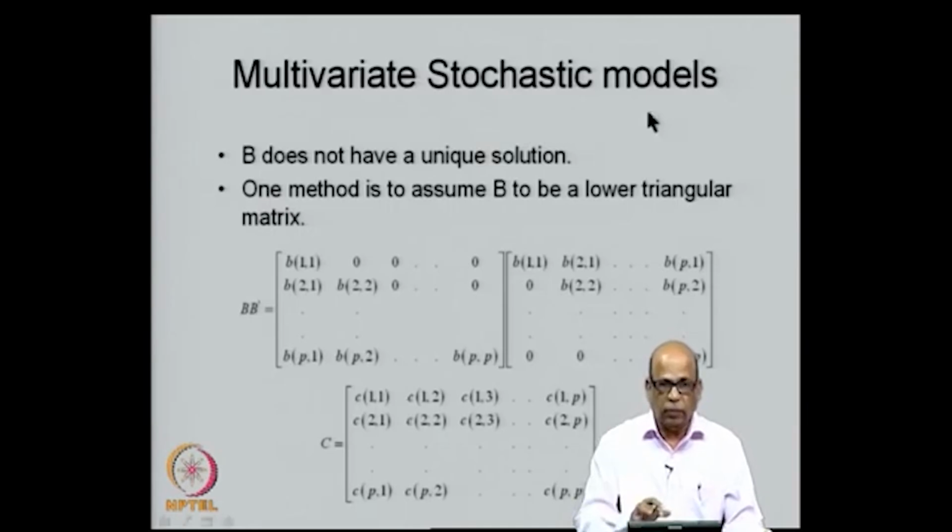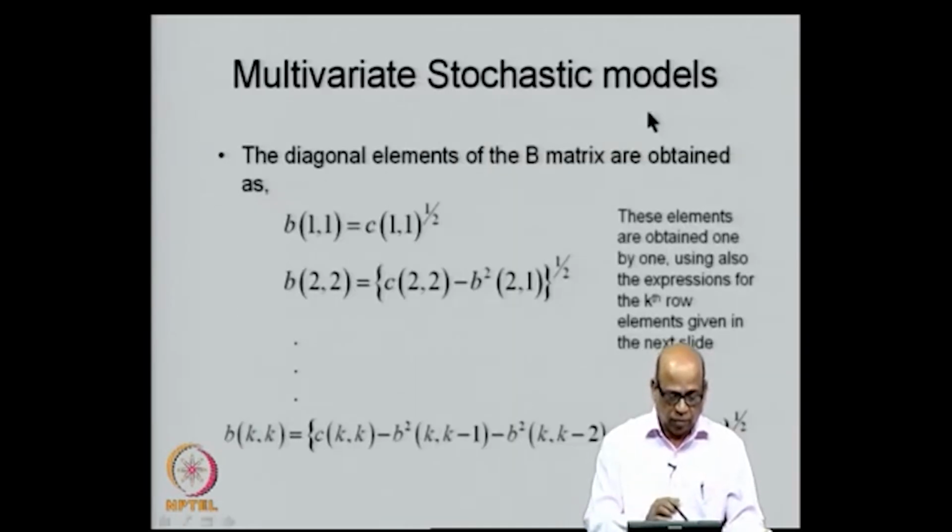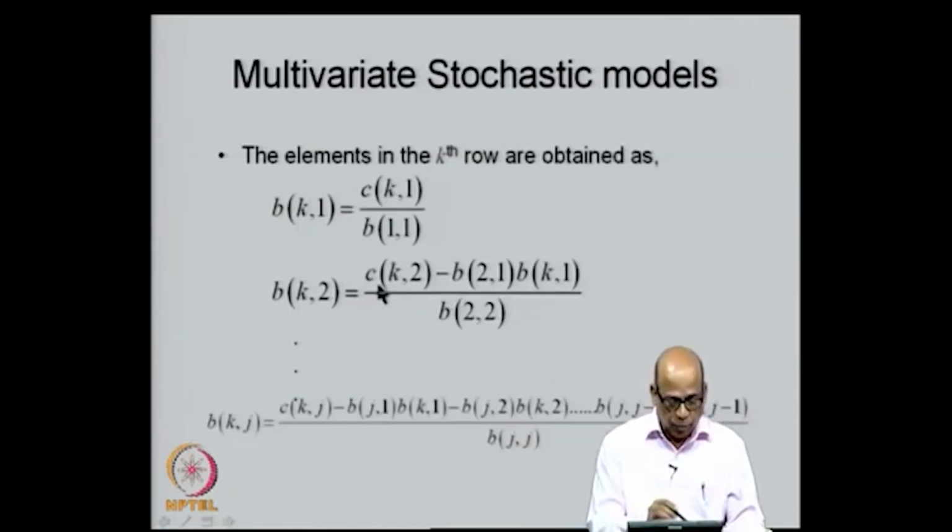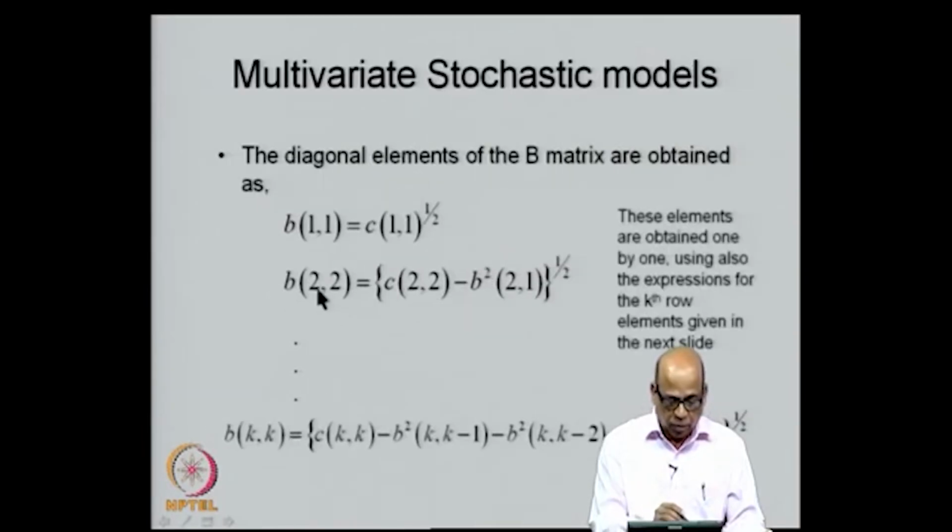From this, when you multiply, these are the expressions that we are defining. First you determine the first diagonal element B11, then go to B21, determine B21, use B21 to get B22, which is C22 minus B21 the whole square. Once you determine B22, that means you have reached the diagonal element in the second row.